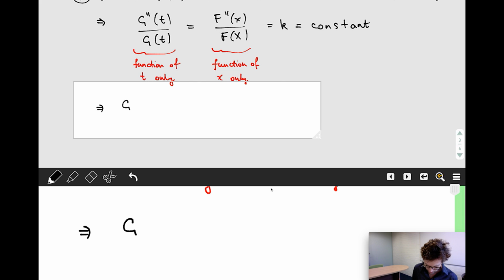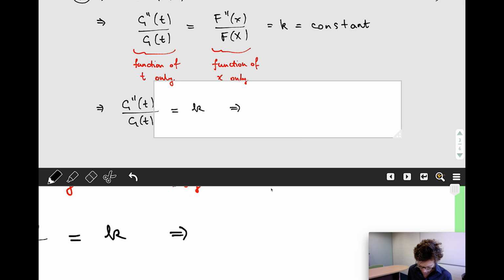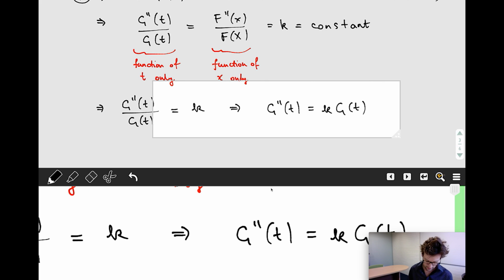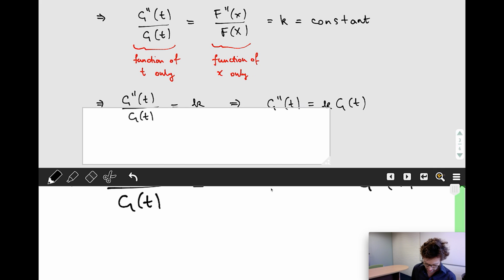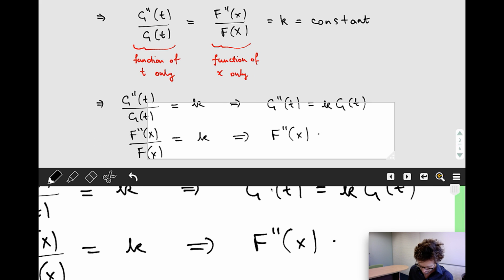So I've got g double prime of t over g of t is equal to k, which implies that g double prime of t is equal to k times g of t. And the second equation I have is f double prime of x over f of x is equal to k, which implies that f double prime of x is equal to k f of x.